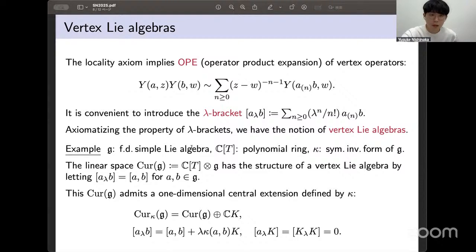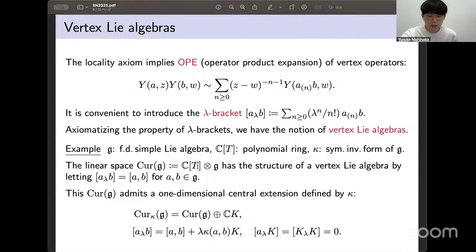If we axiomatize the properties of lambda brackets, we arrive at the notion of vertex Lie algebras. Here is a basic example. Let Cur g be the tensor product of the polynomial ring with a finite dimensional simple Lie algebra g.